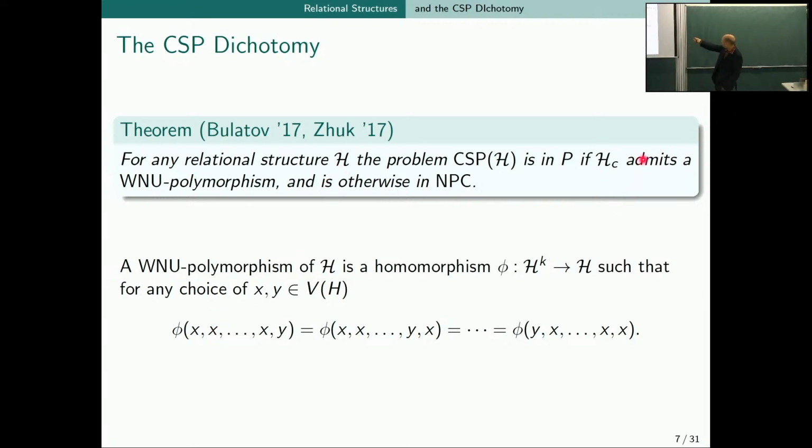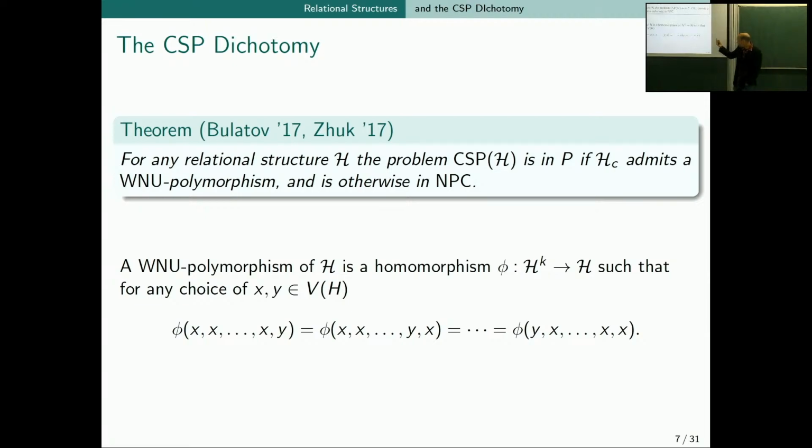And not only did they say there is a dichotomy, they told us what the dichotomy was. We get an easy problem when the core of H admits what's called a WNU polymorphism. So what's a WNU polymorphism? Here's the definition. It's a homomorphism from the kth categorical product of the structure down to the structure itself, for any k, that satisfies this identity.